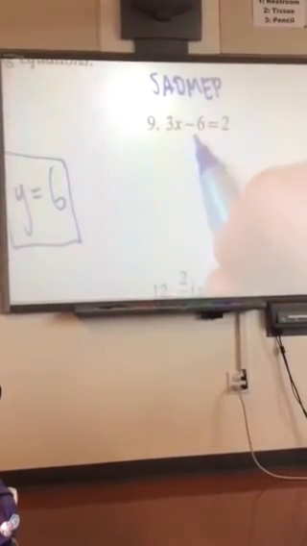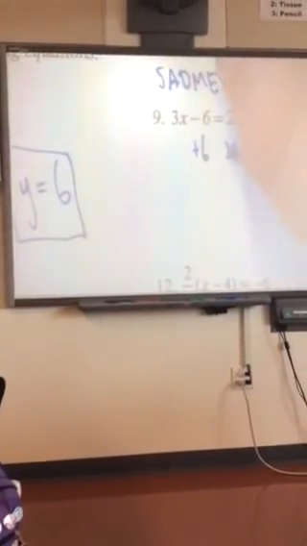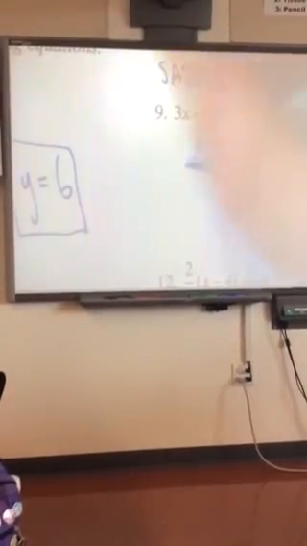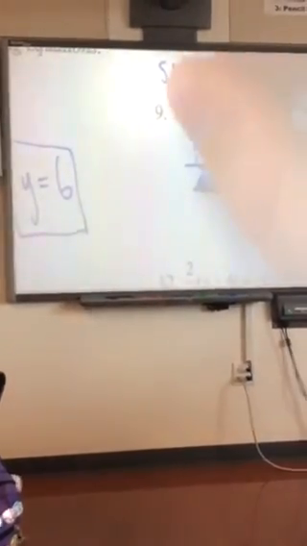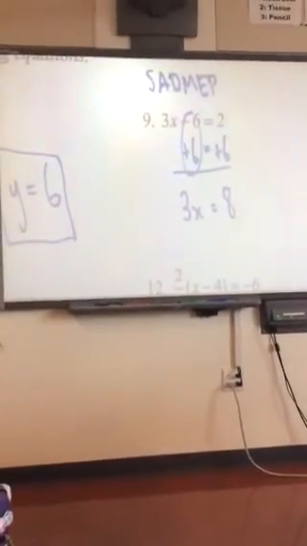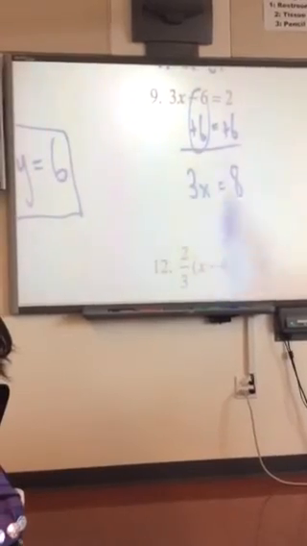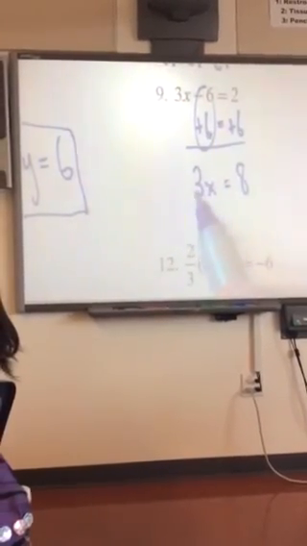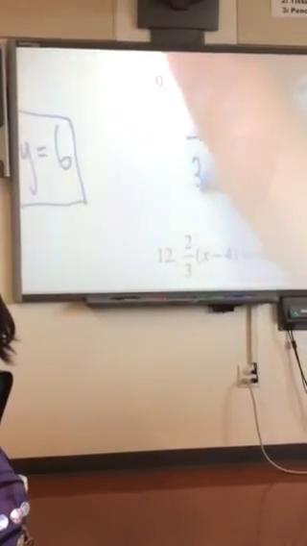Well, yeah, there's a negative 6 here. So the inverse of subtracting 6 would be to add 6 to both sides of the equal sign. So negative 6, positive 6, that makes our 0. We get 3x equals positive 8. And then next on the list would be, okay, I want to get the x by itself here. This is 3 times x. The inverse of 3 times x would be to divide by 3.